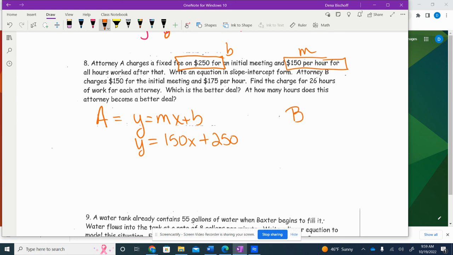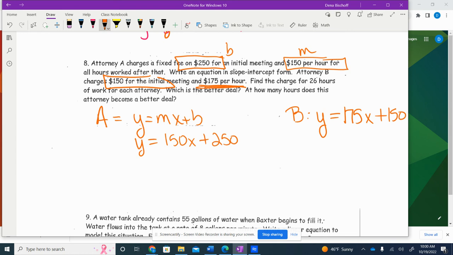Attorney B has an initial fee of $150, and they charge $175 per hour. So attorney B is going to charge you 175x plus 150. So they charge more per hour but less upfront.